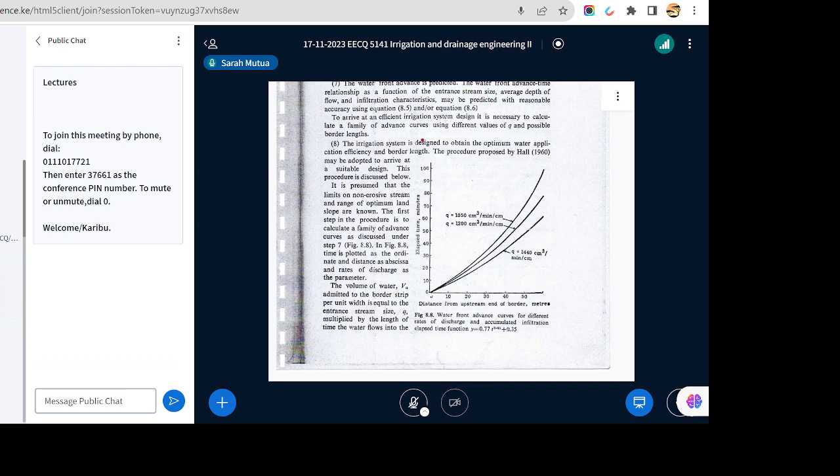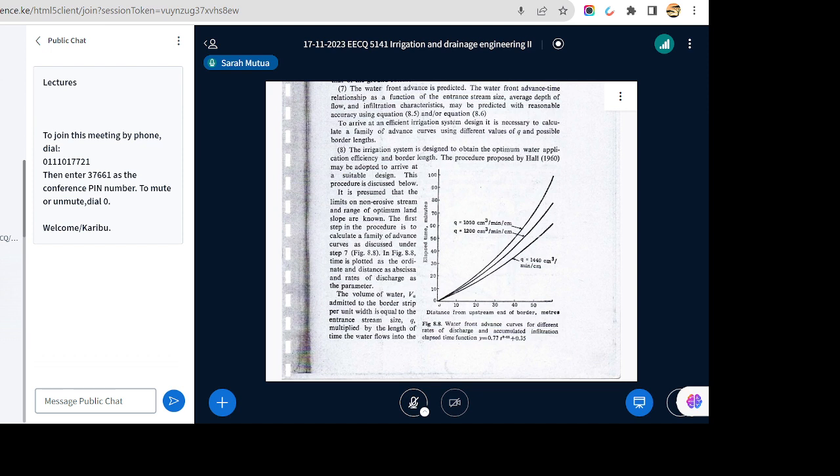Finally, after you have determined those variables, now you design your irrigation system for optimum water application efficiency and border length.